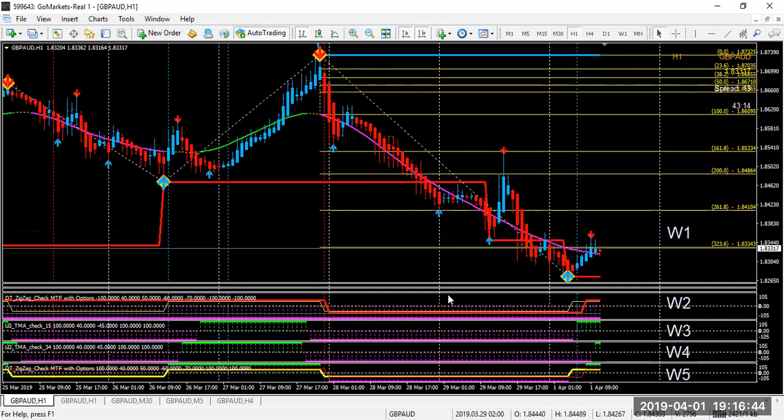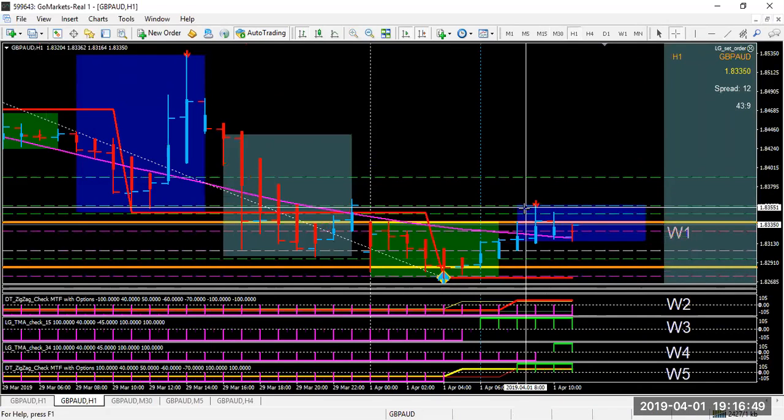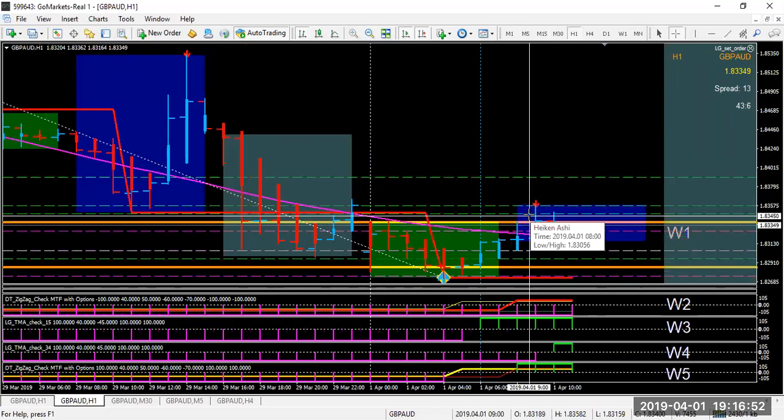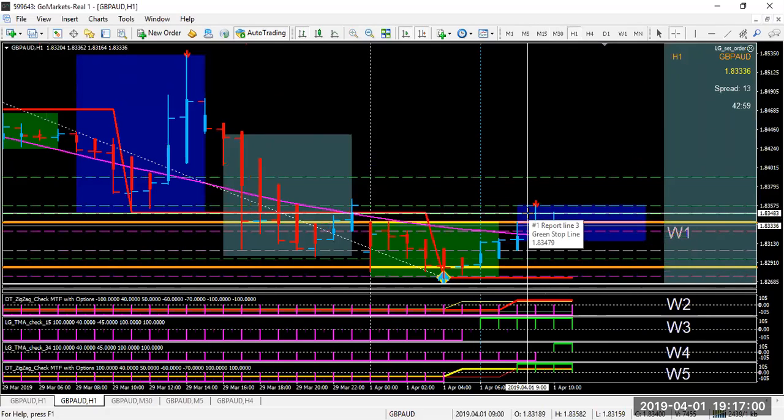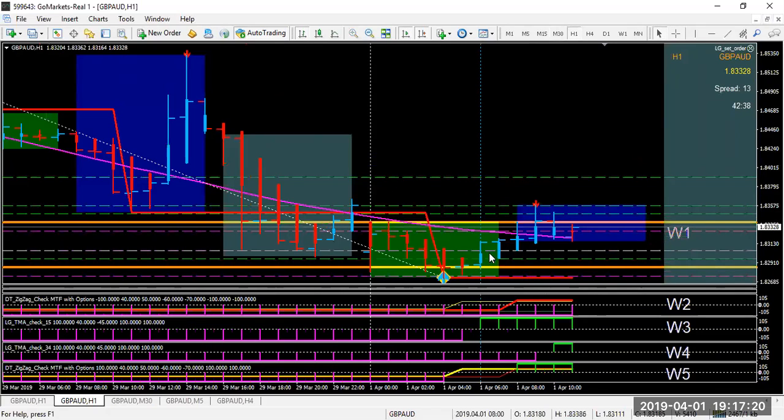So on the open of the session, having the channel line from the H1 pretty much on top of the buy stop line would indicate from the beginning of the session that there was nearly 30 pips in that trade, yeah? And if it's going to go above that, there's another 10 pips through there, okay?